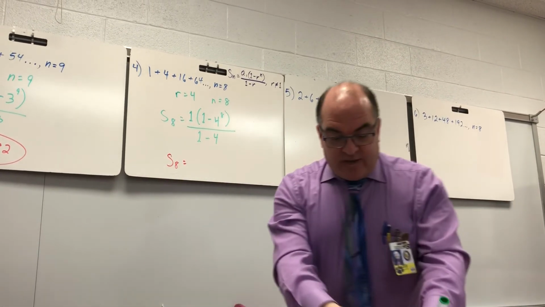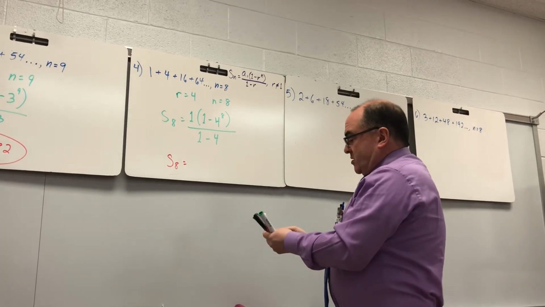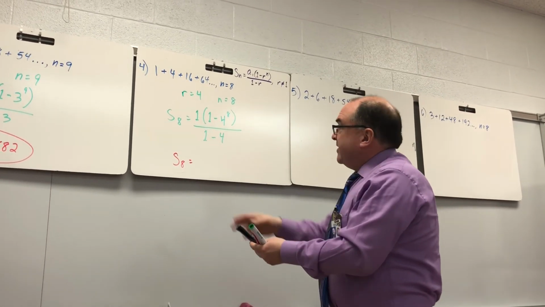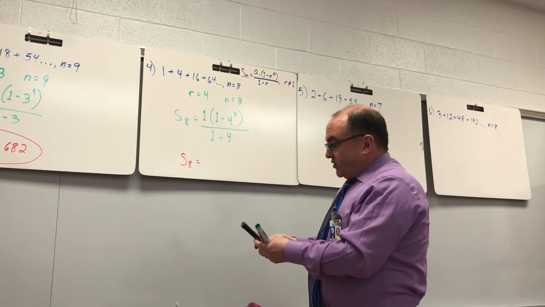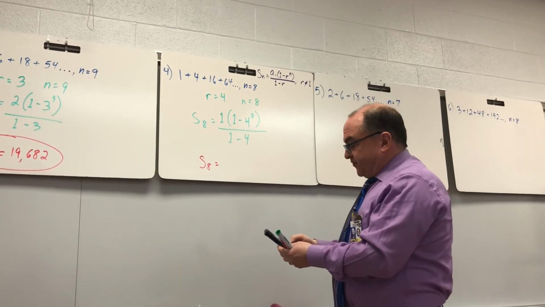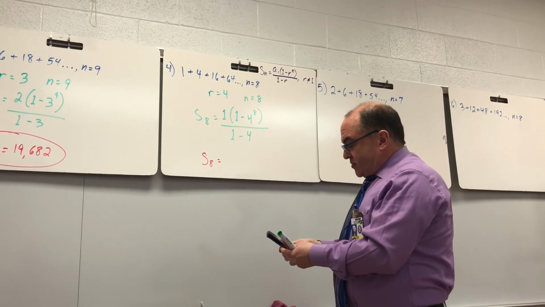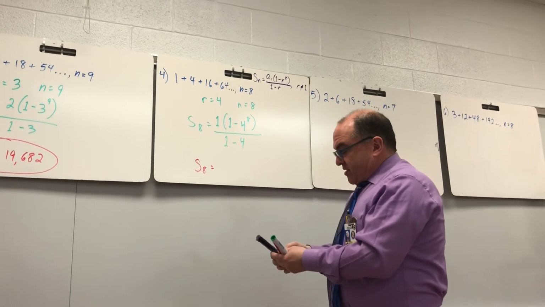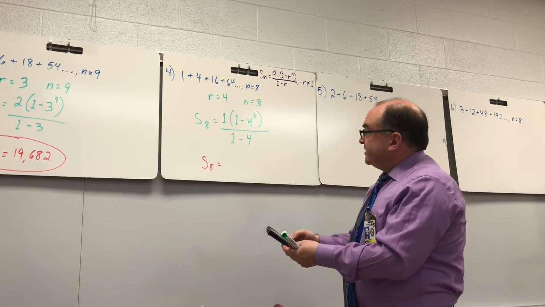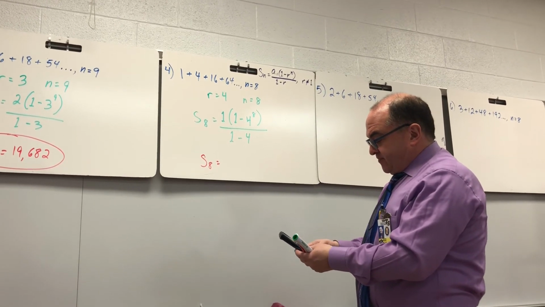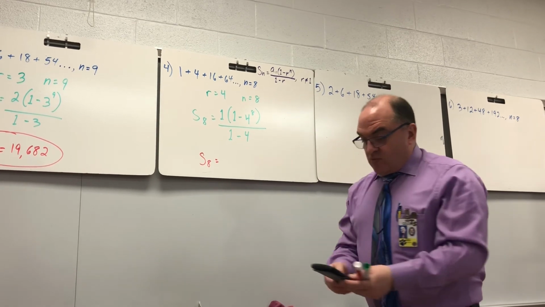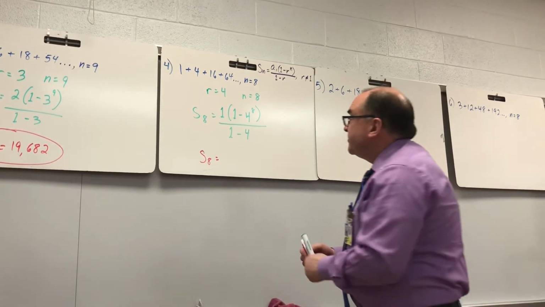I'm going to type that all into my calculator. I'm not even going to type this 1 because it's going to give me the same answer. 1 minus 4 to the 8th power, I'm going to put that in parentheses and divide by negative 3. And I get 21,845.